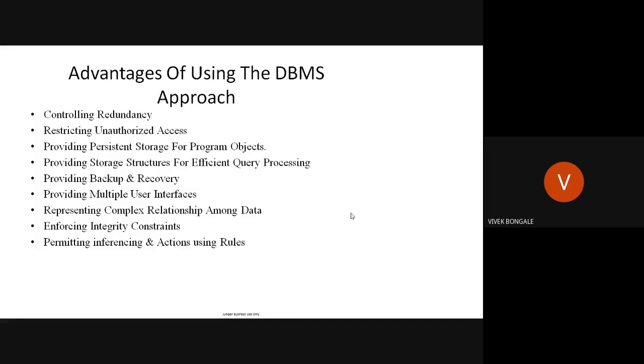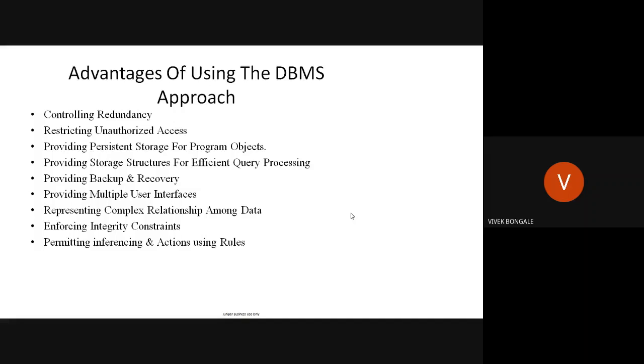Enforcing integrity constraints. Most database applications have certain integrity constraints that must hold for the data. For example, in the DBMS we have many constraints: the primary key constraint, which we call the key constraint, the referential integrity constraint, and the entity integrity constraint. These are some of the constraints we can apply on the data, because the database should support the user's requirements.